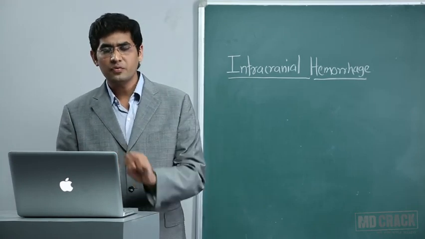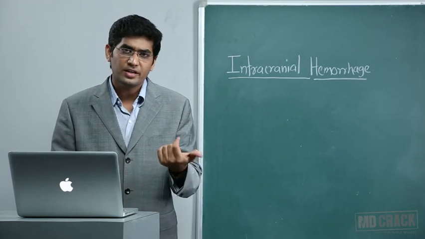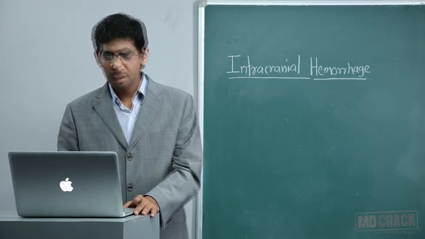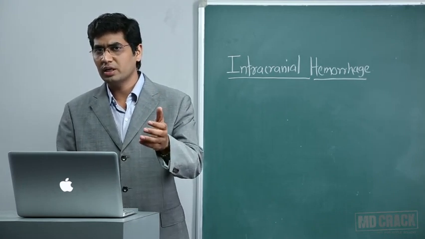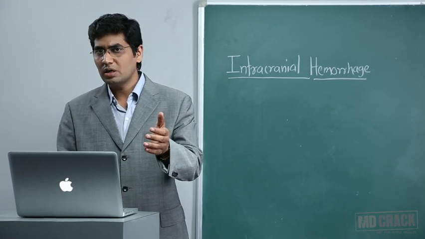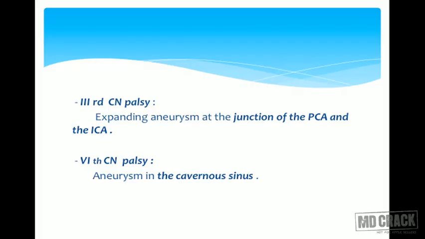Here we have 3-4 important points, both clinically and from your MCQ point of view. Some patients may not present with subarachnoid hemorrhage first; the patient may have an aneurysm at the junction of the posterior cerebral artery and the internal carotid artery. If there is an aneurysm at that junction, it may lead to subarachnoid hemorrhage if not treated at the proper time.